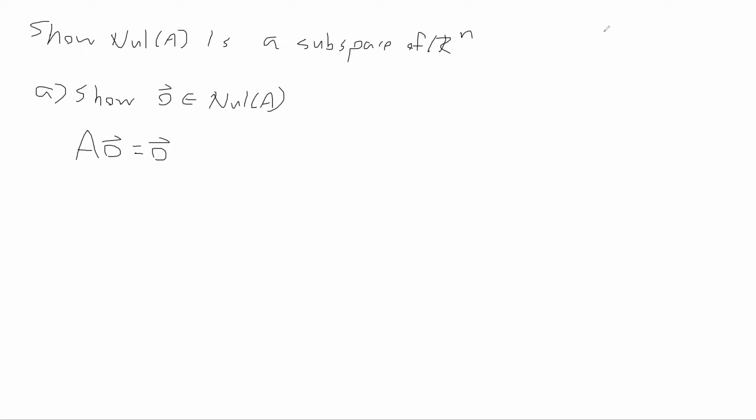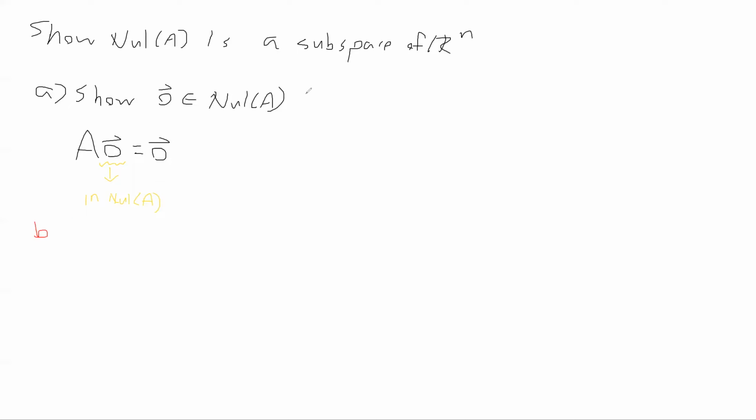So here we know that this vector is in the null space of A because it satisfies the equation Ax equal to 0. This is like the trivial solution. Of course, when you multiply by 0, you always get 0. But that's the nice thing about null space: we get easy answers and then we get complicated answers. In this case, we have the easy answer, where the 0 vector is in the null space of A because it makes everything equal to 0, and then we can satisfy the equation.